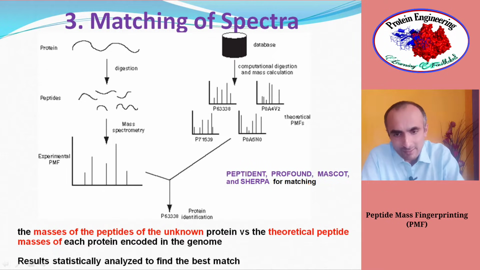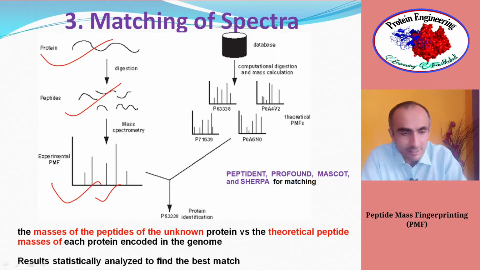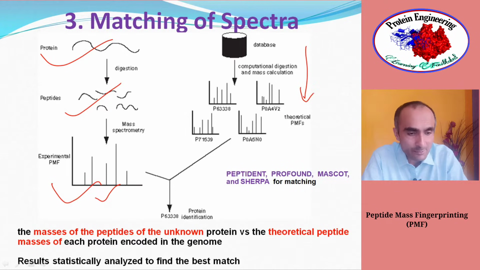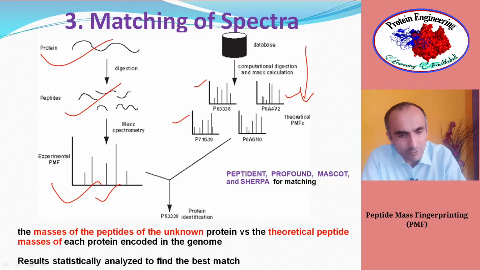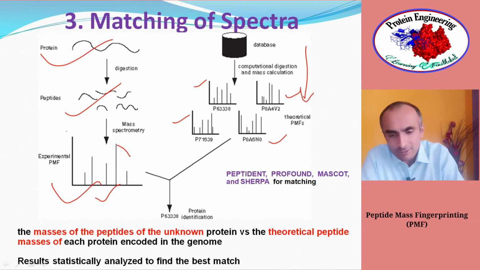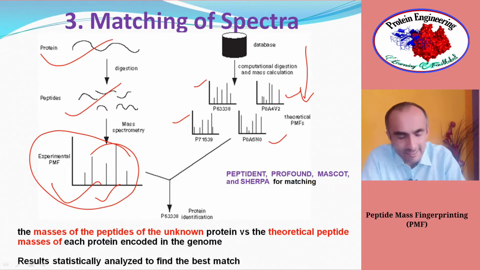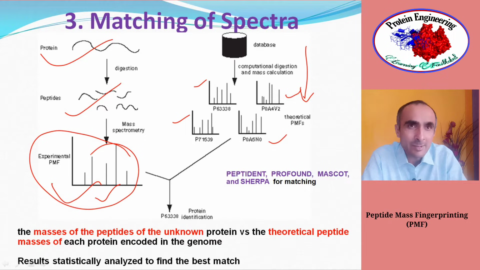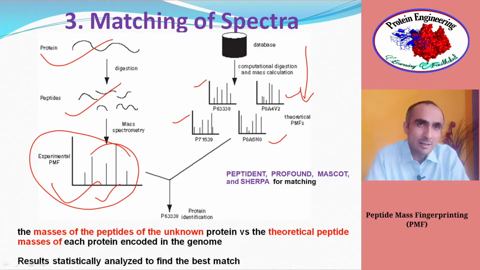So the protein of interest is cleaved into peptides to form the experimental spectra, and at the same time the proteome is cleaved by the same enzyme to get a number of theoretical spectra. Now this experimental spectra is matched with all these theoretical spectra, and whichever theoretical spectra it matches best, that is the protein of interest.